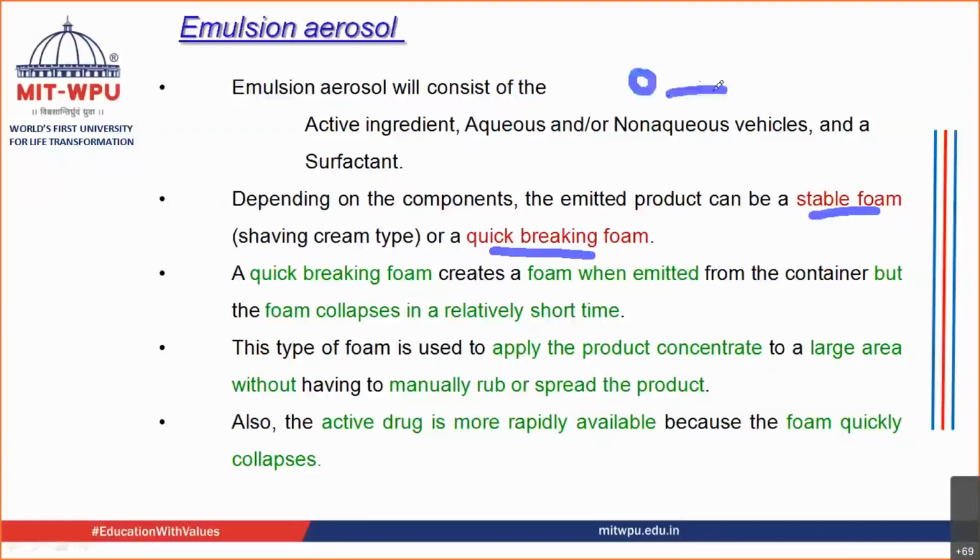It collapses, and it is in the form of a solution. So it occupies a larger area, whereas the stable foam occupies a concentrated, smaller area. Within a few seconds this foam collapses.